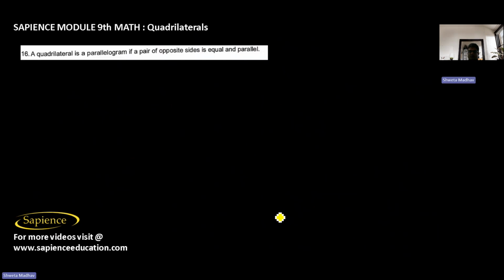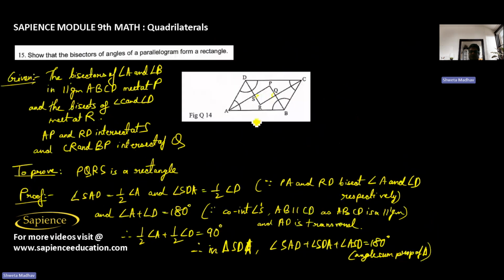Or we could have shown it like this also: since these two angles are right angles, PS is parallel to QR, then this will be a parallelogram. You can say it like that also, but it will take more time. So this is the easier way to solve.